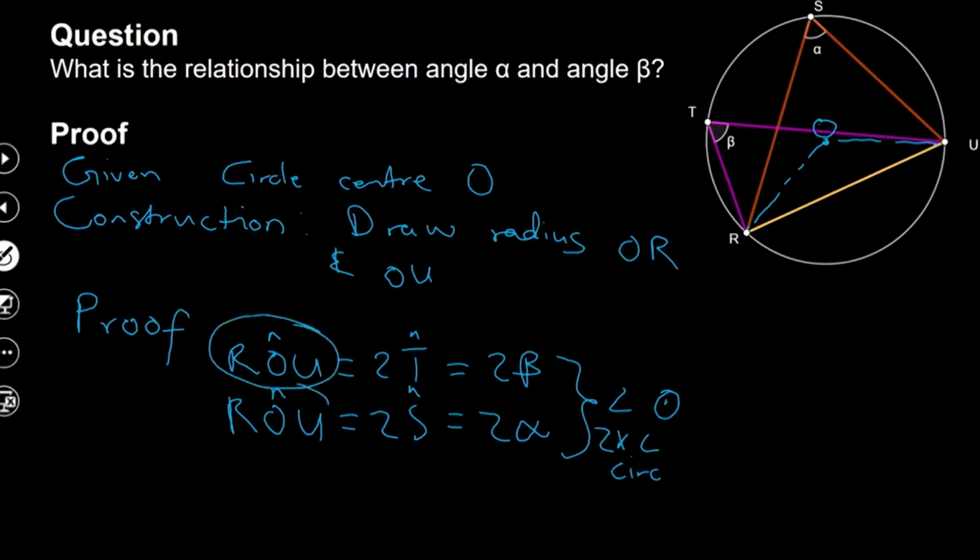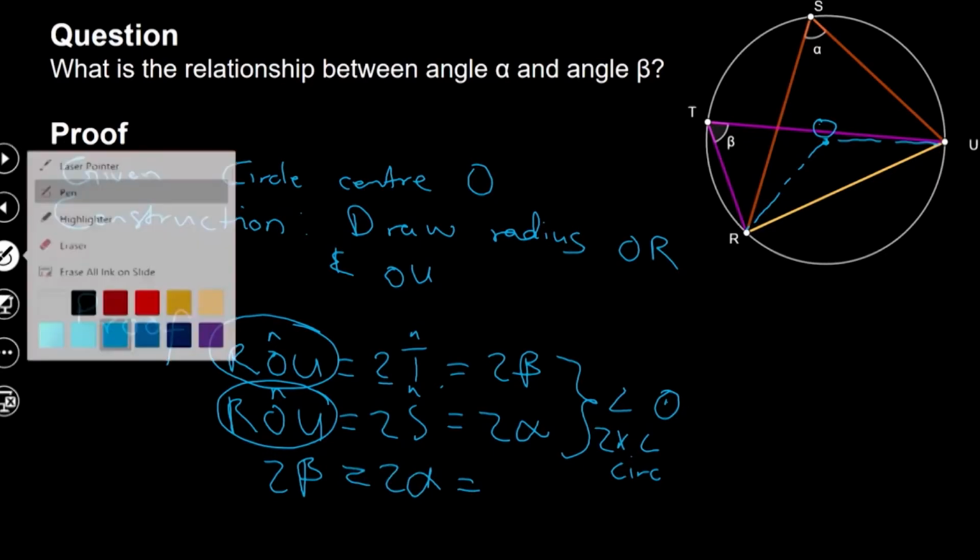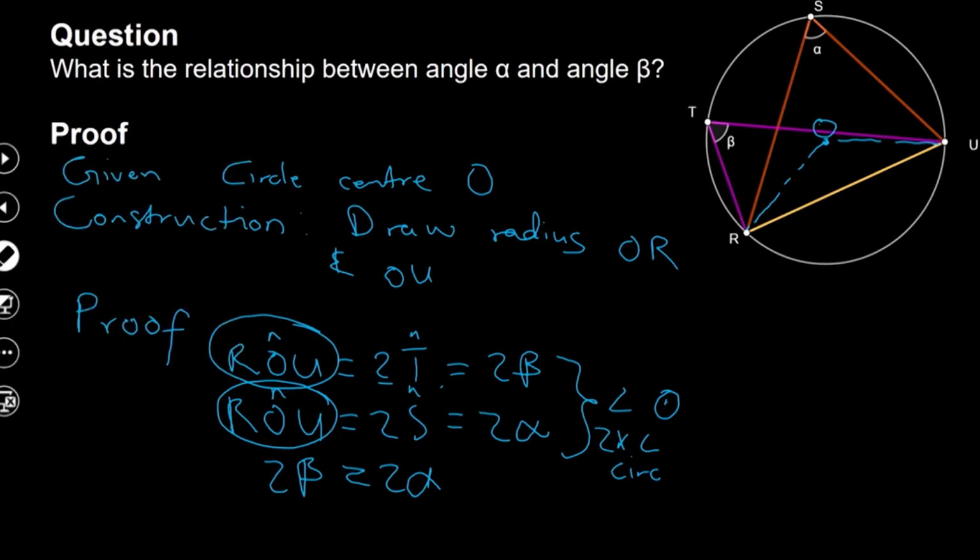Since both of them are ROU, it means that 2T and 2S are going to be equal to each other. So this will make 2 beta equal to 2 alpha. The reason for this is the fact that they are both equal to ROU, and then you know that beta will be equal to alpha.